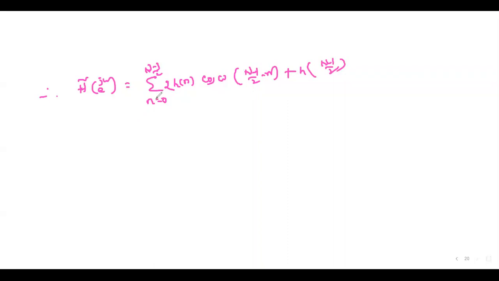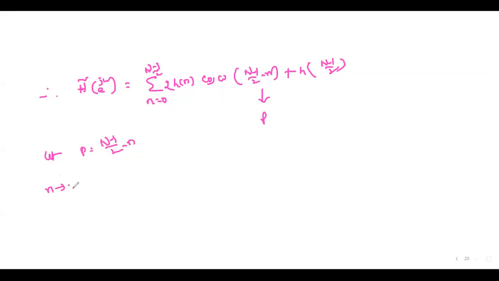Here, let us simplify this further. Let p be equal to (N-1)/2 - n, because we need the magnitude response, so we need to simplify for better understanding. So this is equal to this much. Then the summation limits I will change.